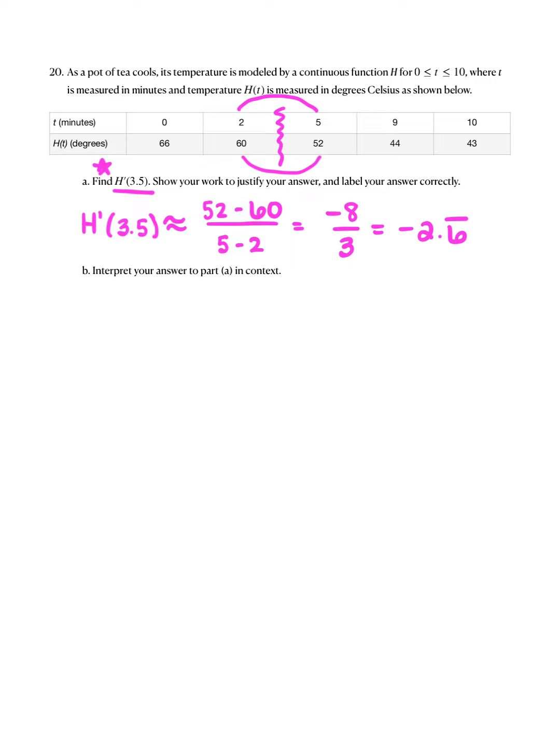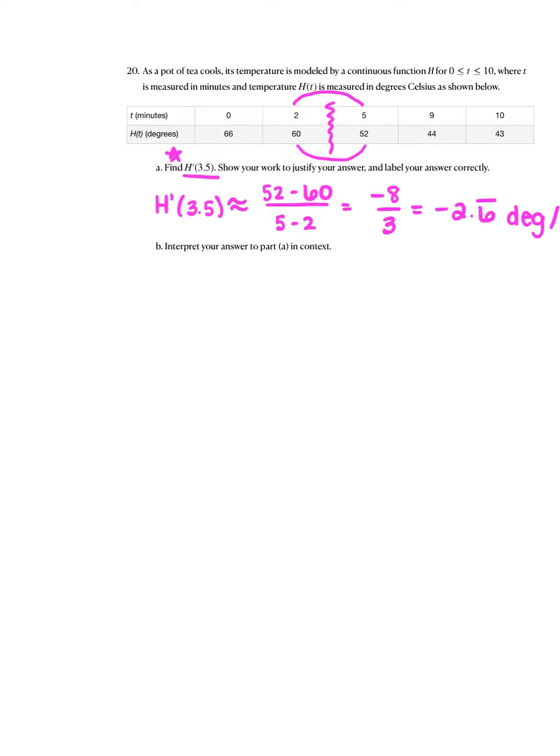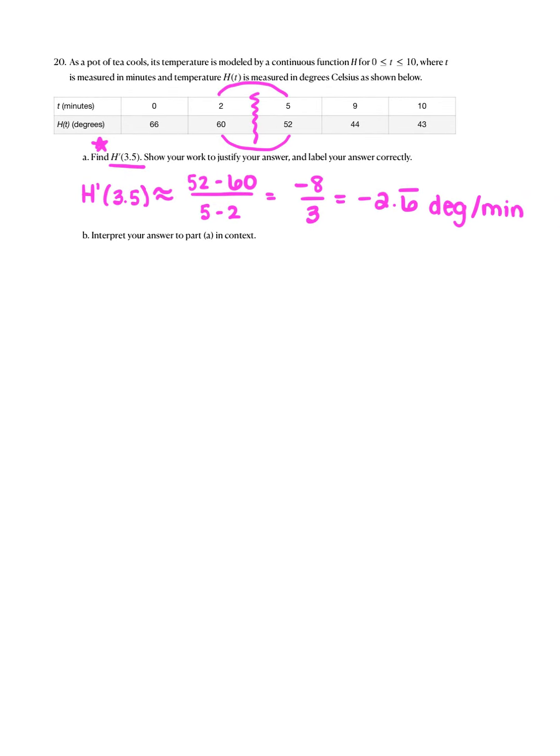And for the label, it might actually be easiest to go back to this negative 8 over 3. But this is degrees, and this is minutes, so this is negative 2.6 degrees per minute. So when I'm being asked to interpret this in context, what does this mean is happening?